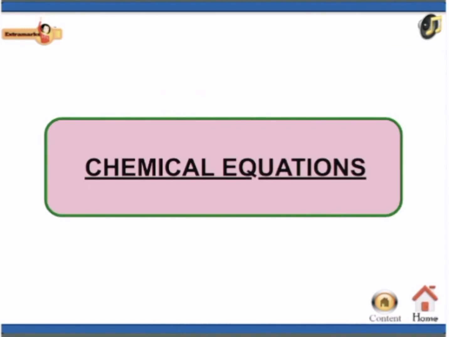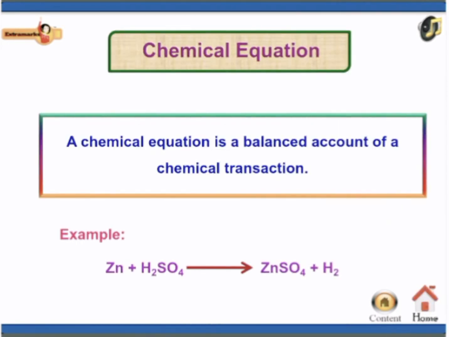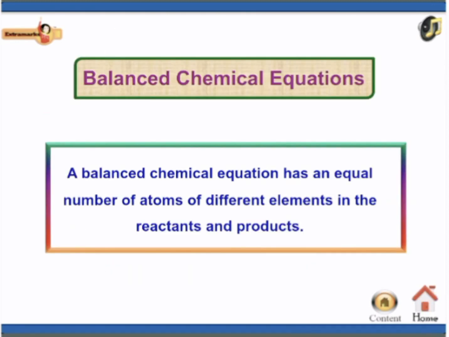Chemical equations. A chemical equation is a balanced account of a chemical transaction. A balanced chemical equation has an equal number of atoms of different elements in the reactants and products.